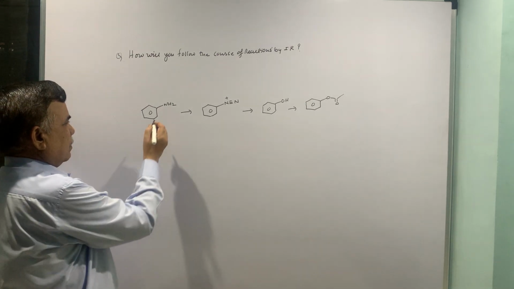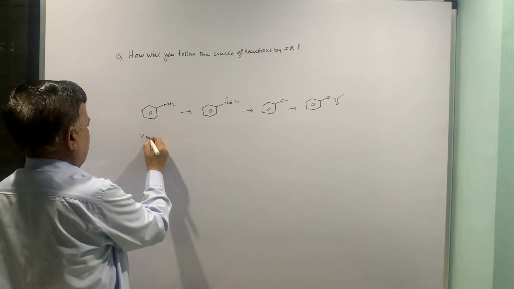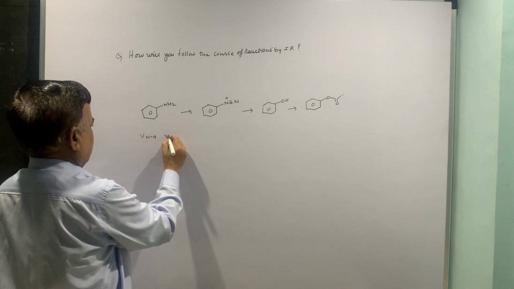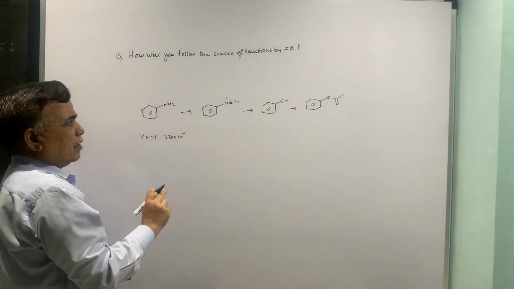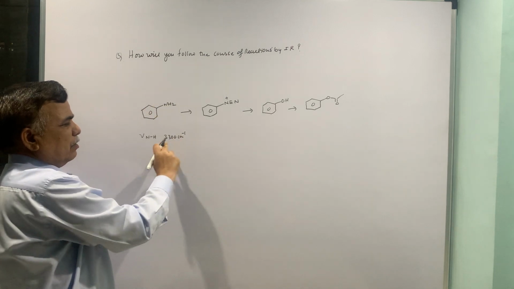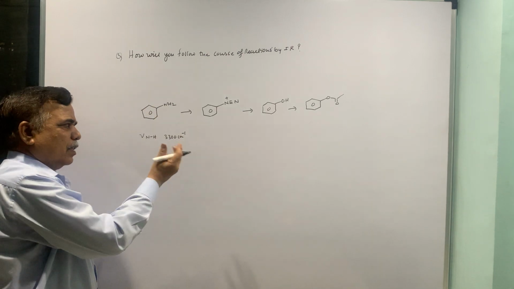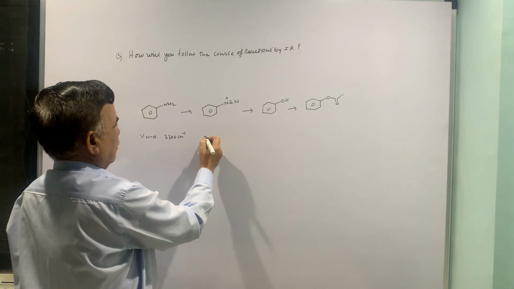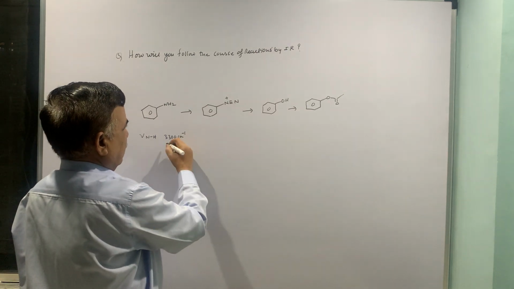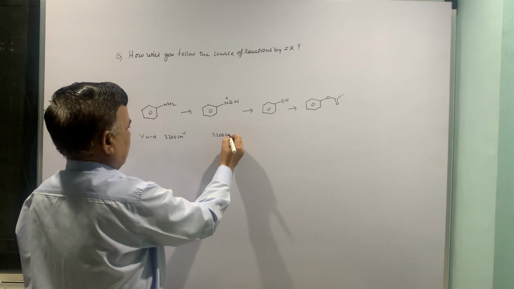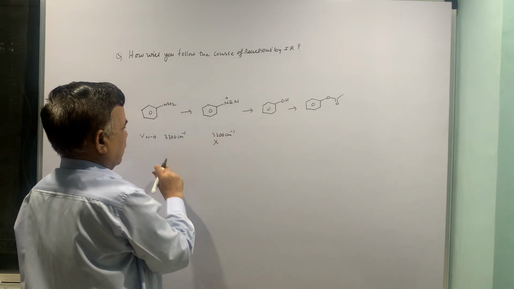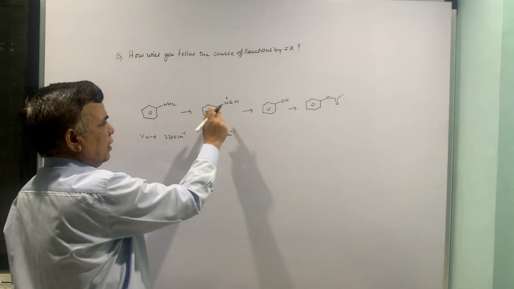Okay. NH will be 3300, that is the normal region. If it is coupled interaction, you will get two peaks, one is 3200, one is 3400, but this is a standard thing. Now this peak will not be there, so 3300, this peak won't be there. So once this has disappeared, that means it is done.